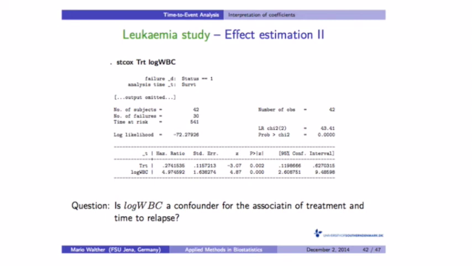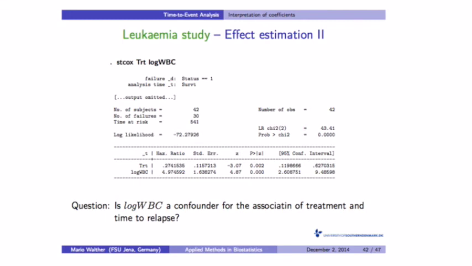So we do not need the information concerning the baseline hazard. Here in this case we are only interested in the regression coefficients for the exposure variables and not in the baseline hazard.